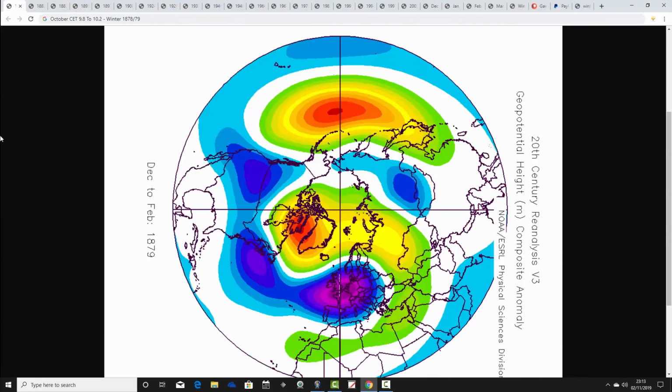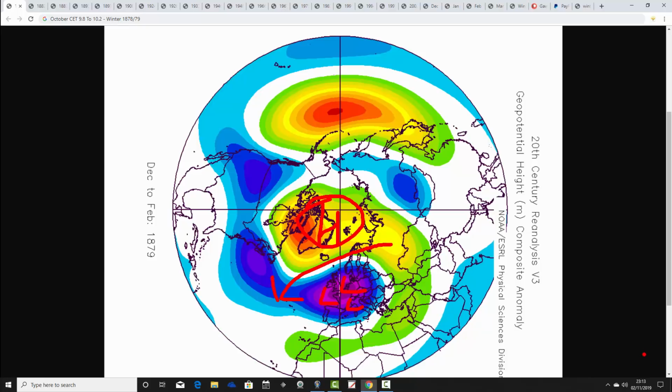The next winter is a severely cold winter. It's 1878, 1879, following October CET range of 9.8 to 10.2. This one has below average heights to our southeast, blocking up towards Greenland, and we will bring in the winds from an east or northeasterly direction.